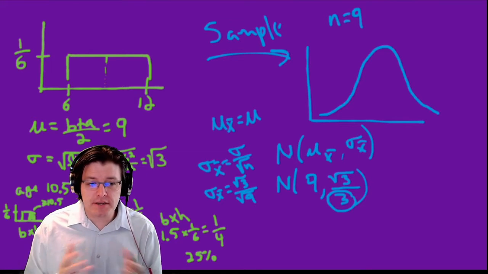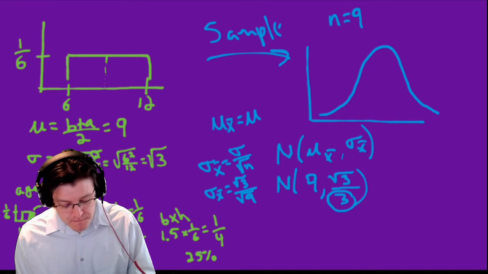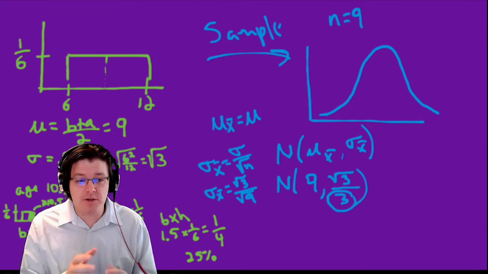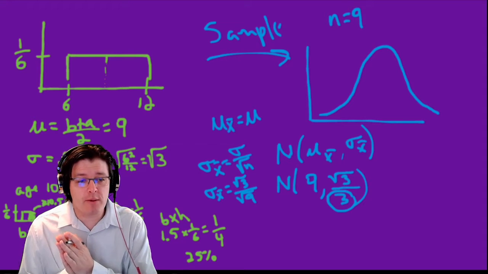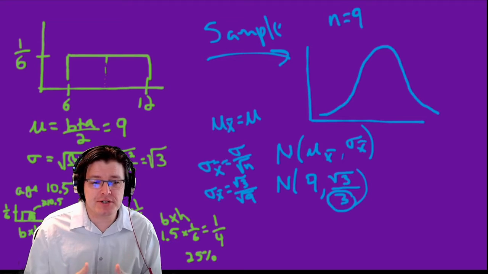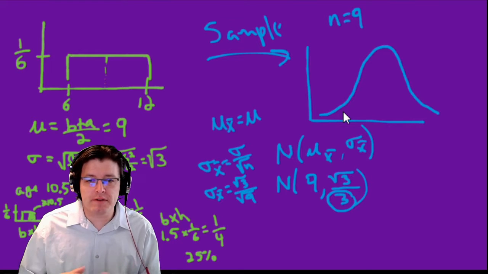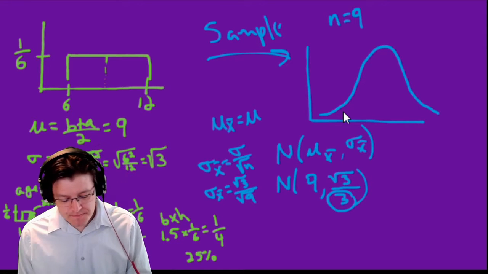And so this is a little different calculation. The concept is the same, but we're dealing with a sample. And so now we're in the normal distribution, right? We can't use our uniform distributions to attack this question because we've taken a sample, and so it follows a normal distribution.